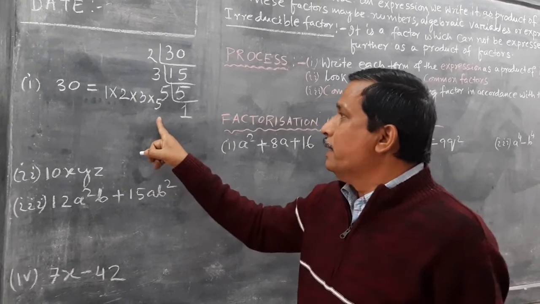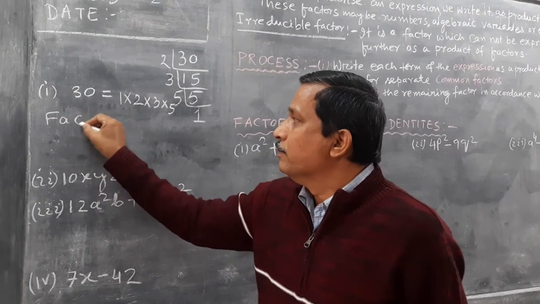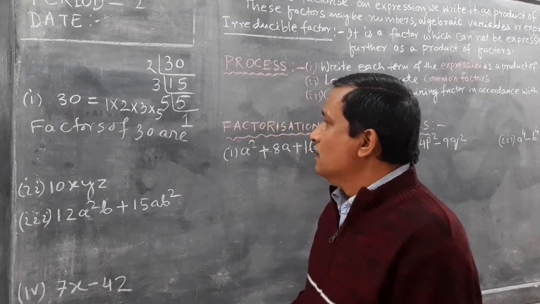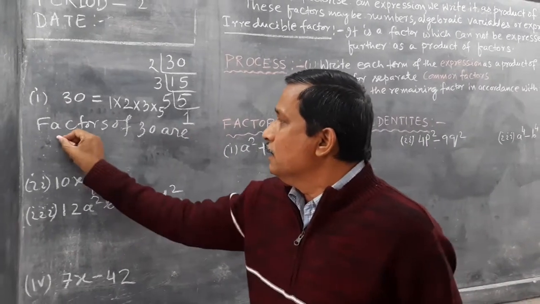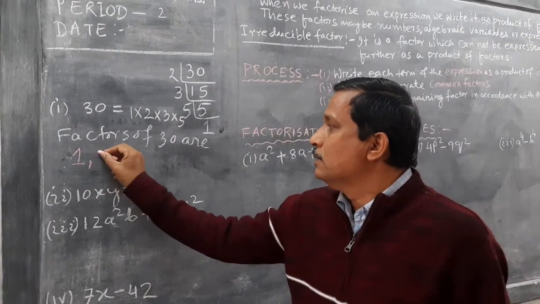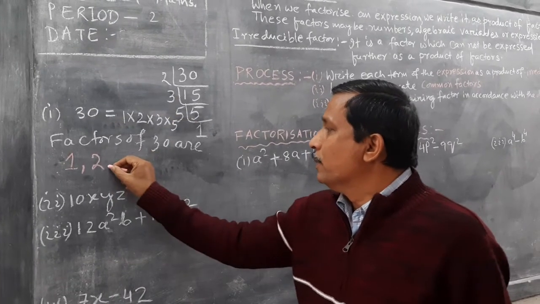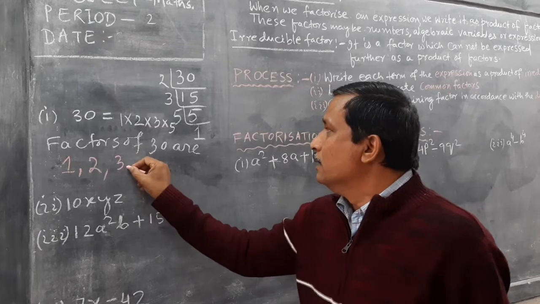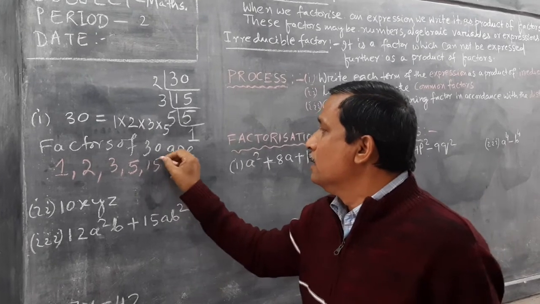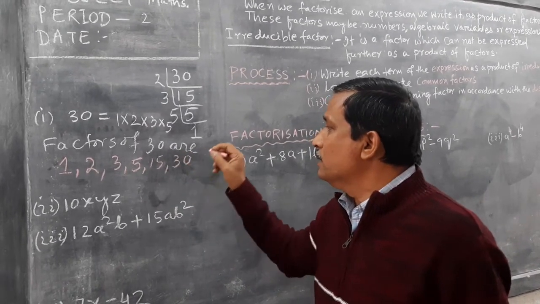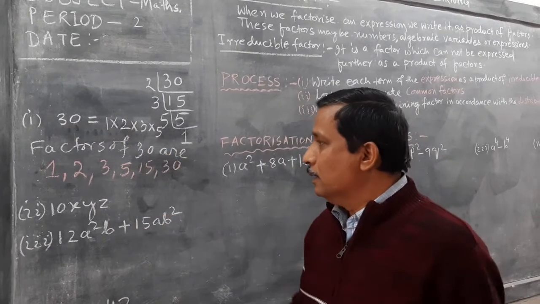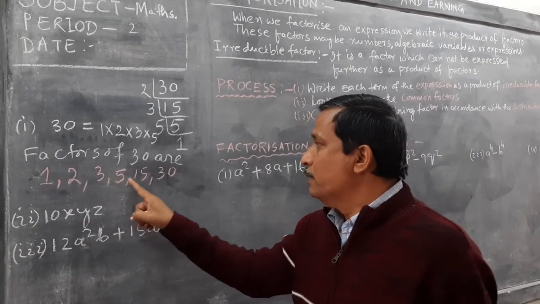So the factors of 30 are, this 1 is a factor of every number. Next, 2 is also a factor of this number, then 3 is a factor, then 5 is a factor, then 15 is also a factor, then 30 is also a factor because a number is a factor of itself also. So the factors of 30 are 1, 2, 3, 5, 15, 30.